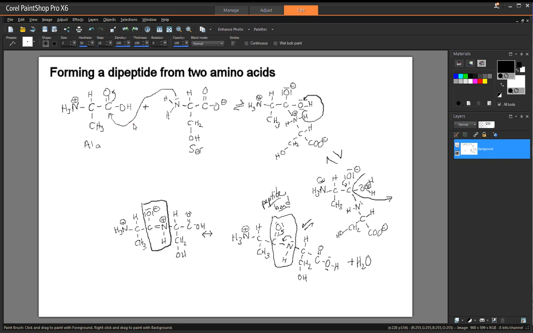This reverse reaction is the reaction that proteases catalyze. They actually add that water back into the peptide bond, hydrolyze it, so a protease is a peptide hydrolase enzyme. And of course in the forward reaction, that's the formation of a peptide bond. This is the chemistry behind how you form polypeptides.